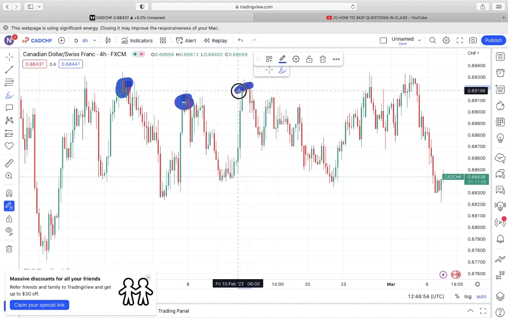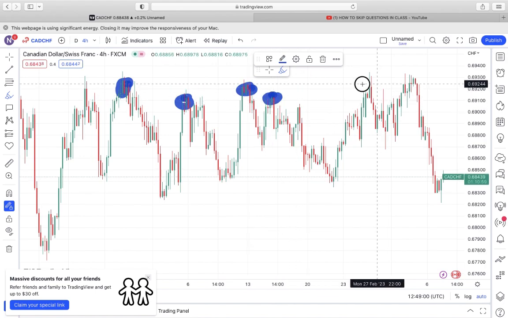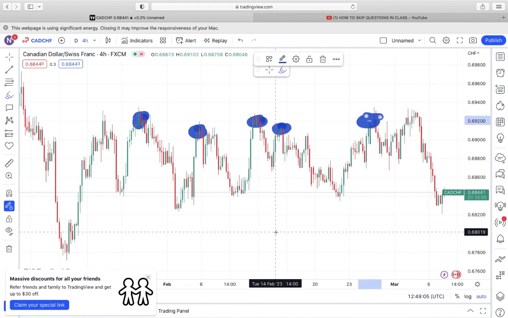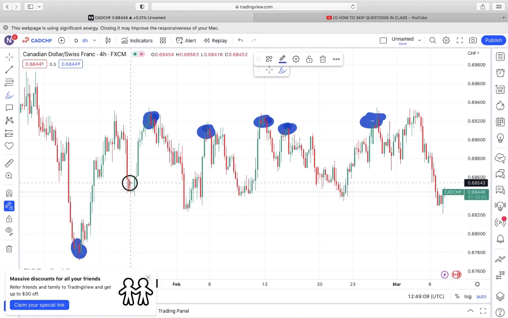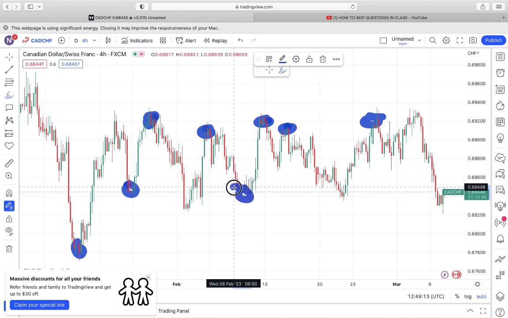You can see this is a bearish engulfing, bearish engulfing, bearish engulfing. You can see there is an indecision candle here, and another indecision candle here, showing you that this market is about to reverse.